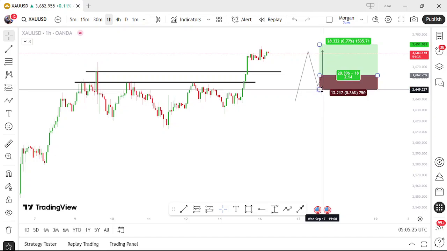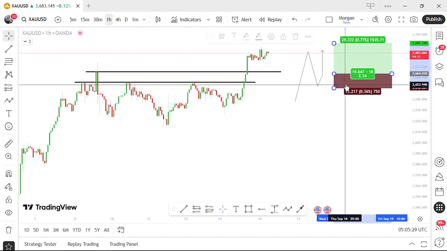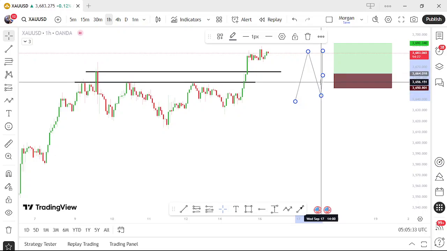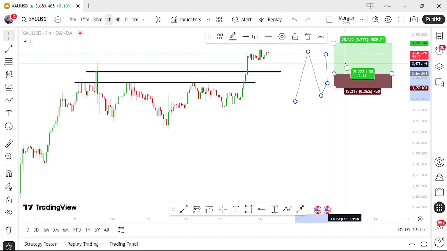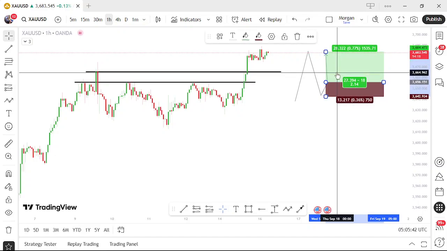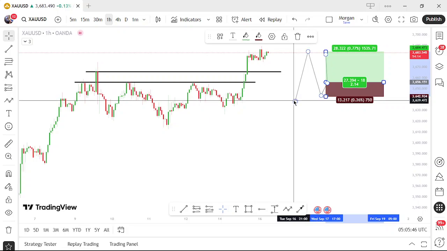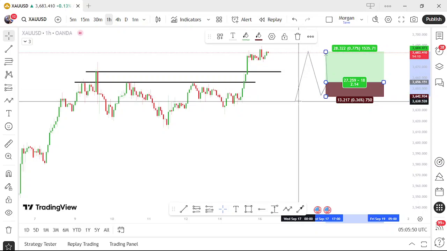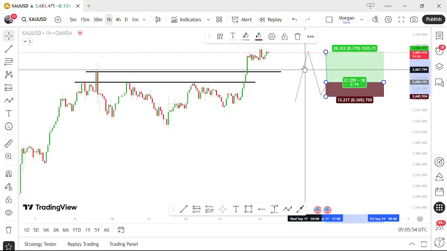But in some situations, let's just say price happens to correct itself all the way down here before starting to make that push back up, then in this case you might want to be a little bit more conservative, because you have to understand that this low is the low that made this push to this high. As long as this low is still being respected, the buyers can walk.